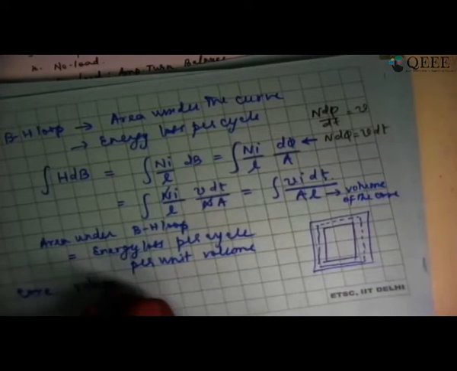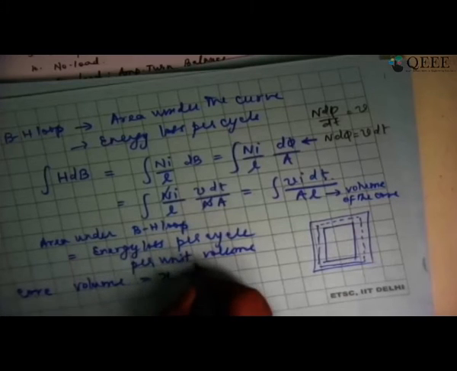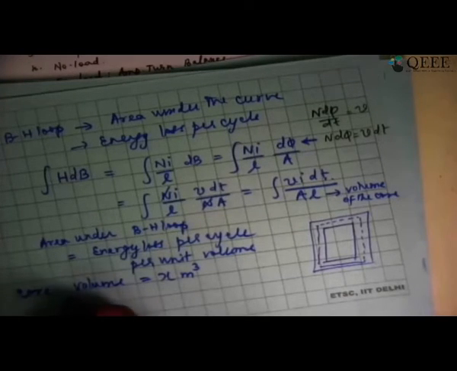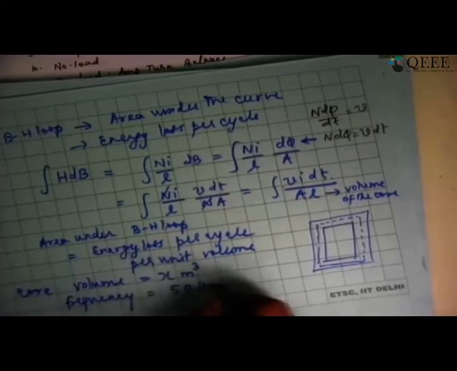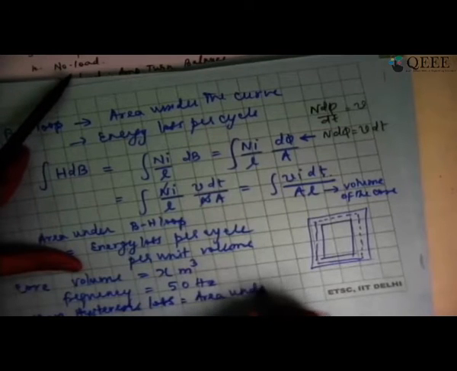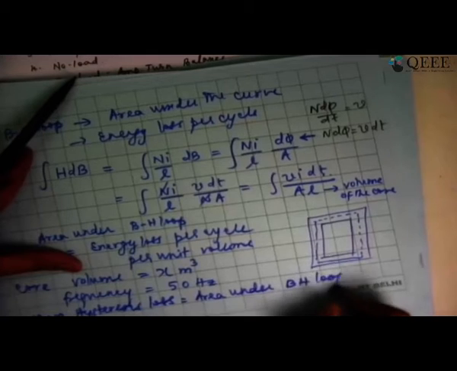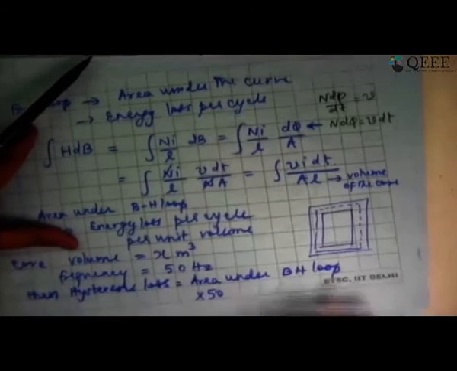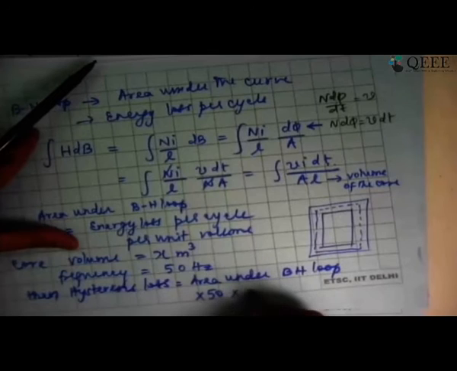If my core has a volume of X meter cube, and the frequency at which I am applying the voltage or current is 50 Hertz, then hysteresis loss equals whatever is the area under the BH loop multiplied by 50, multiplied by X meter cube.